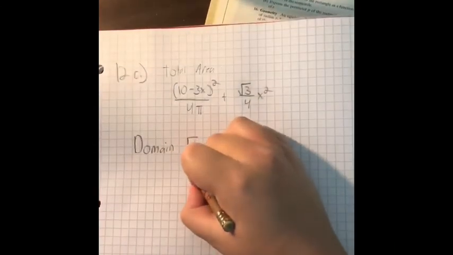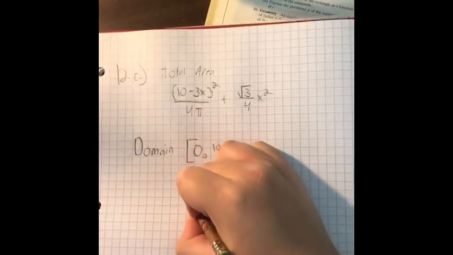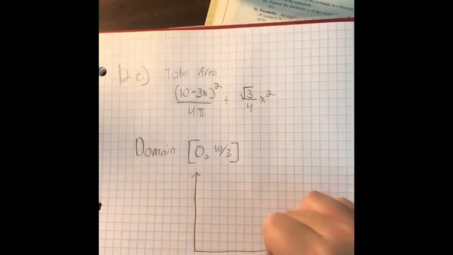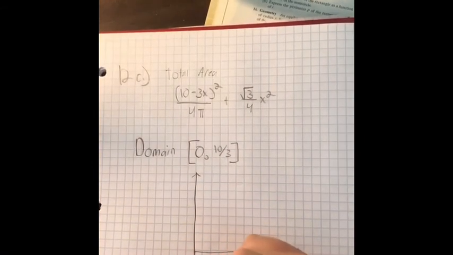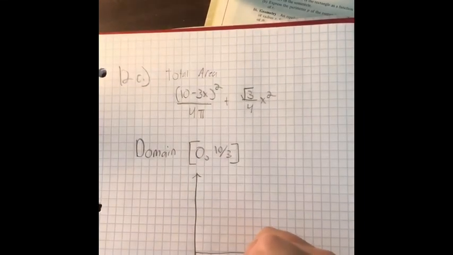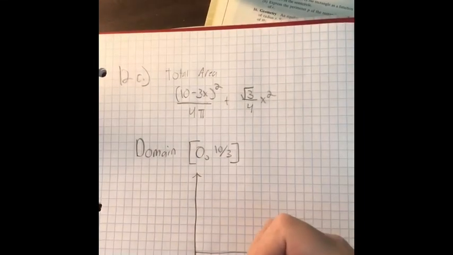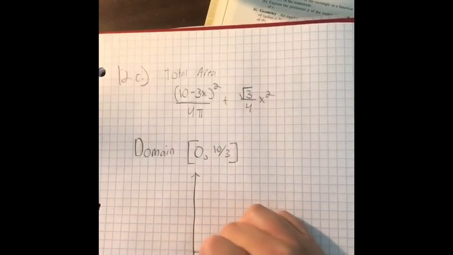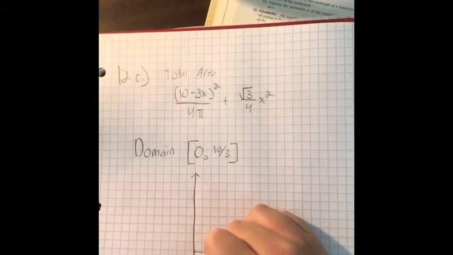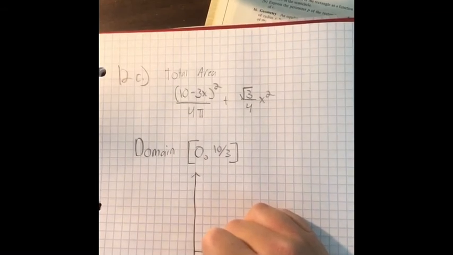And graphing this, I graphed it on Desmos. It said that the smallest value of A is when x equals about 2.07, so about right here. And the value of y is 2.99, so almost 3.